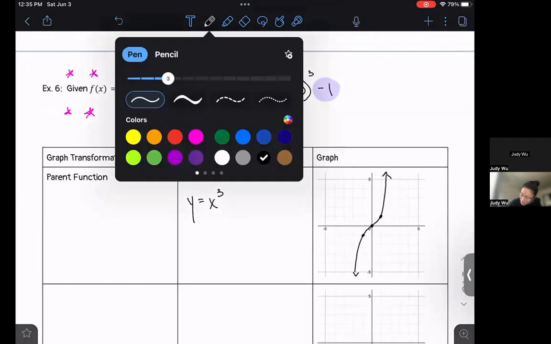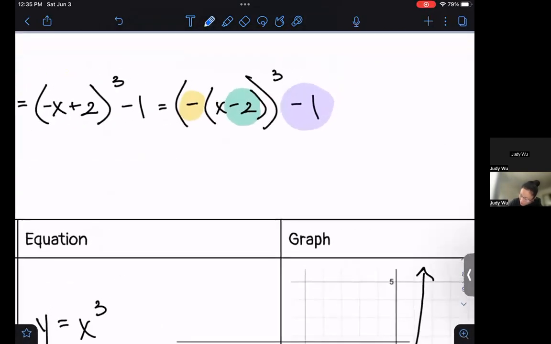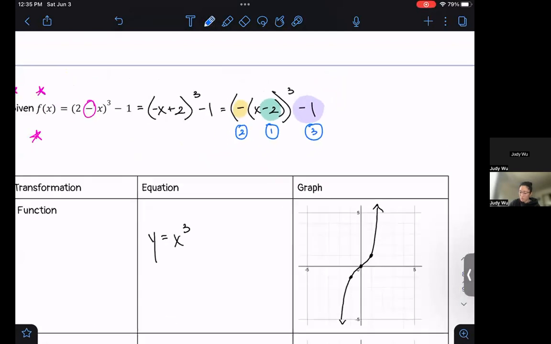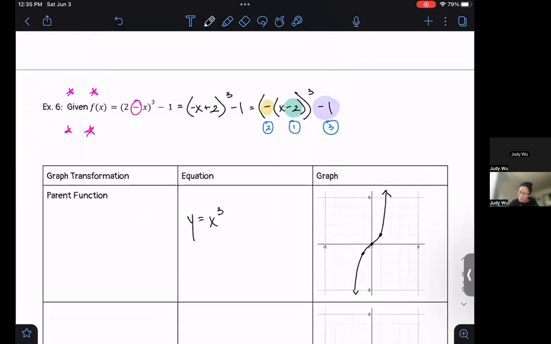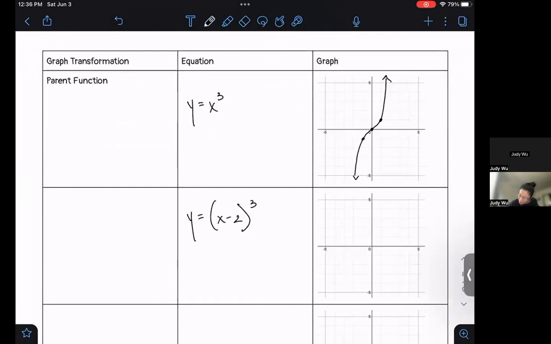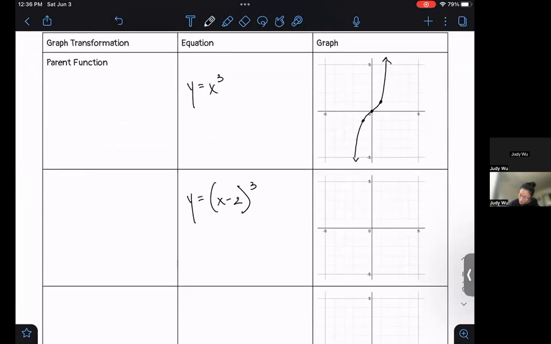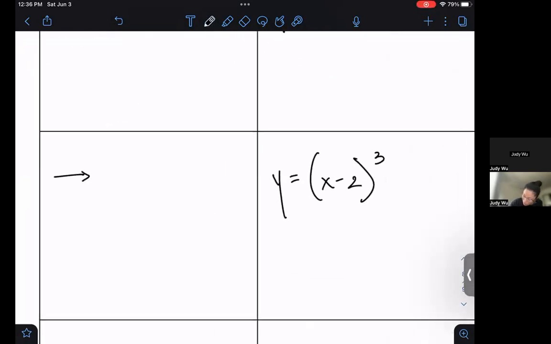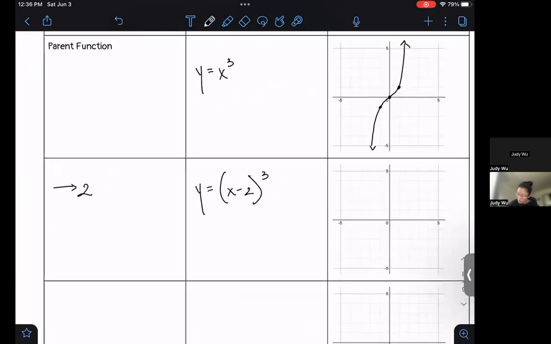All right, what are we going to do first? We're going to do the negative 2, then we're going to do the negative b, and then we're going to do that negative 1, all right? Now that negative 2 means our equation is y equals x minus 2 cubed, all right? That is going to go to the right 2 units.